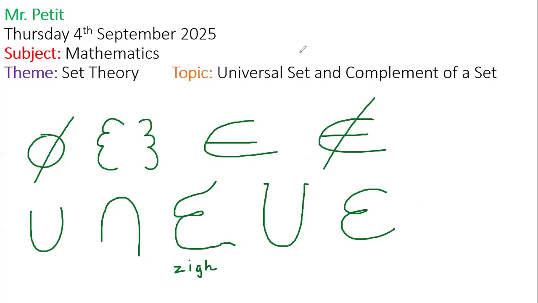Can y'all hear me? I hope my Wi-Fi is not an issue. It's the universal set as well. So what does this symbol mean? Universal set. You asking or you guessing? What does the symbol mean? It represents the universal set, right?